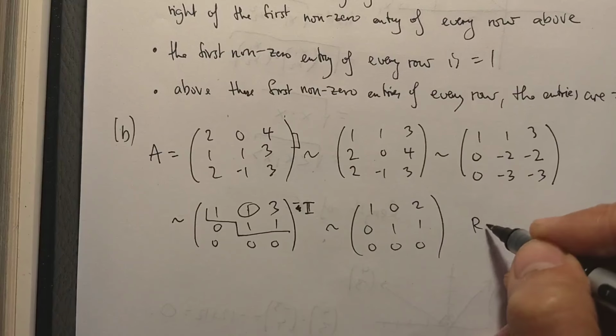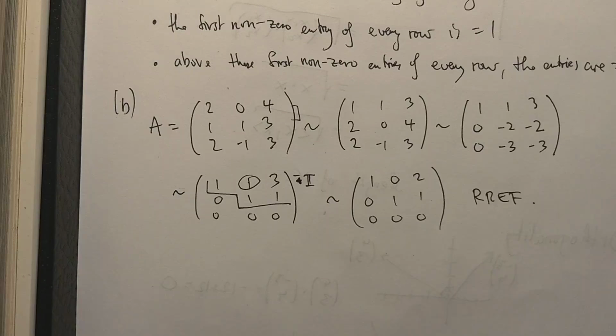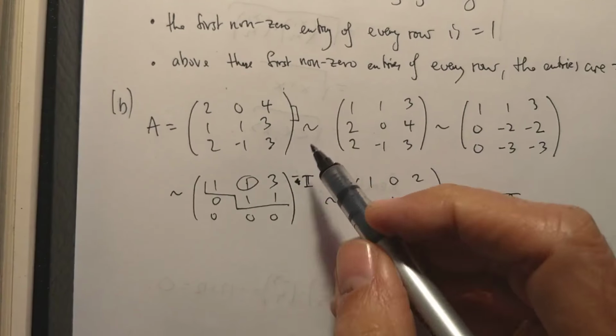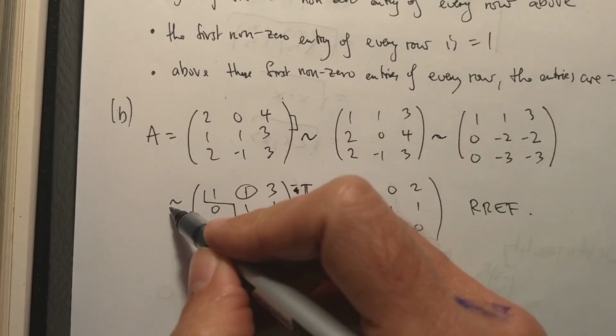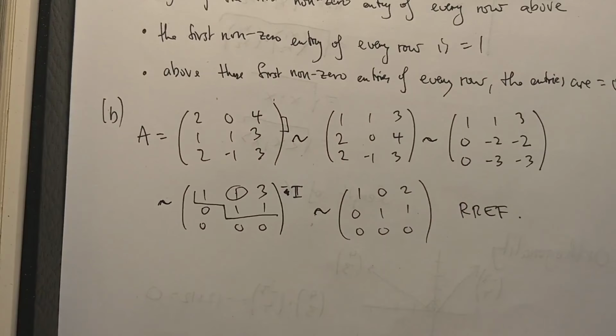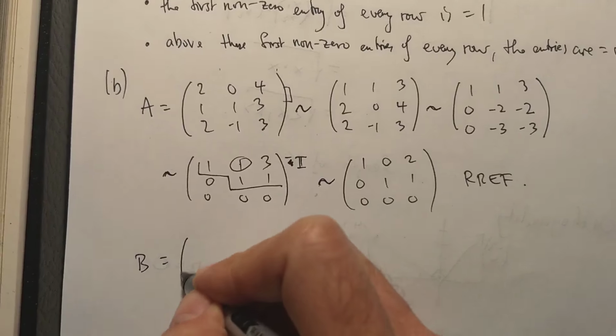Now it's in reduced row echelon form. Just to point out, I'm writing equivalence signs here because these matrices are not equal, they're just row equivalent. So let's do the same thing for B.